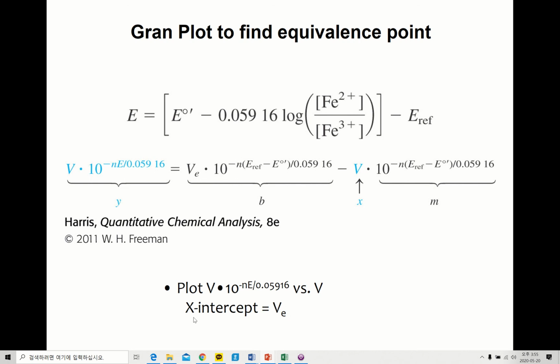So from the intercept, you can calculate this one.